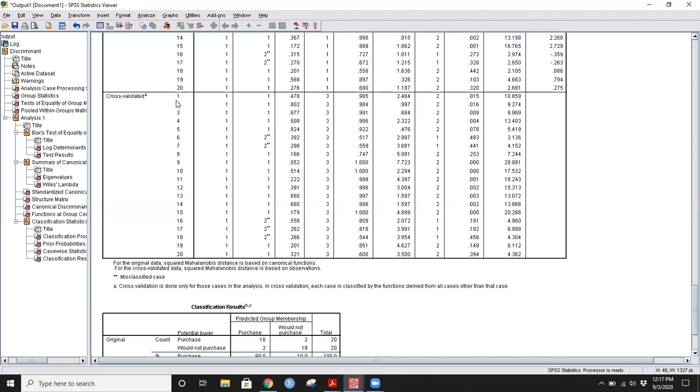Okay, so we also call it hold-one-out classification. So I'm holding one person out and I'm classifying that person on the basis of the discriminant function obtained using the remaining people. Okay, so this is in a way a very nice way to validate your results. This gives a good indication of result validation. Fine. So we see that in the cross-validated fashion, we have 1, 2, 3, 4, 5 misclassified cases.